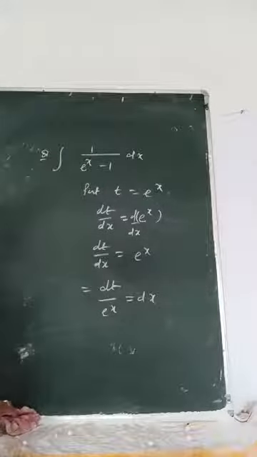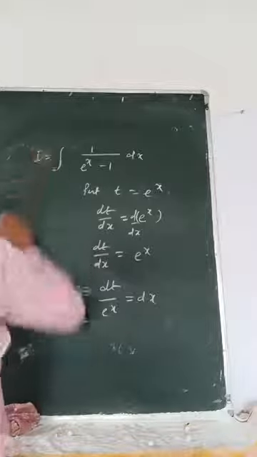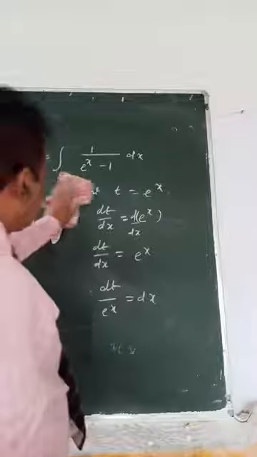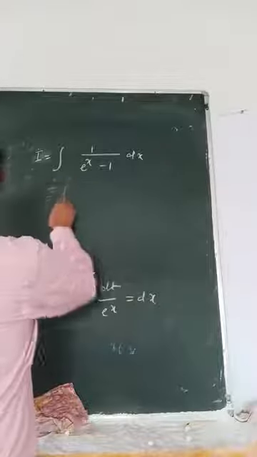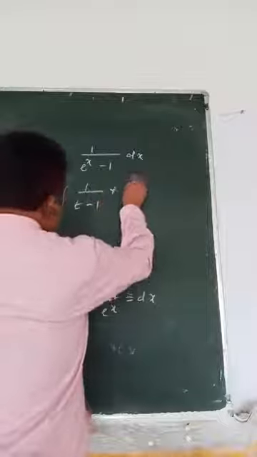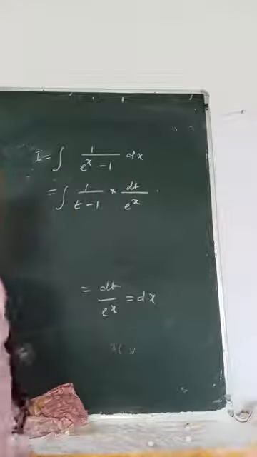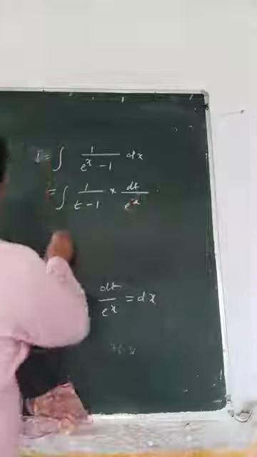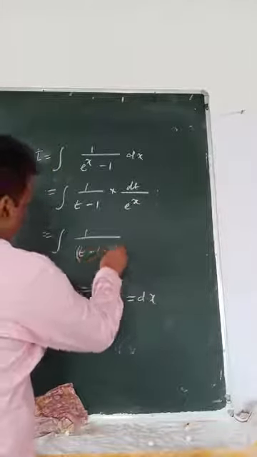So I can write I equals this, which is equal to 1 by t minus 1 dt by e to the power x, but e to the power x is t, so this is 1 by t minus 1 into t dt.